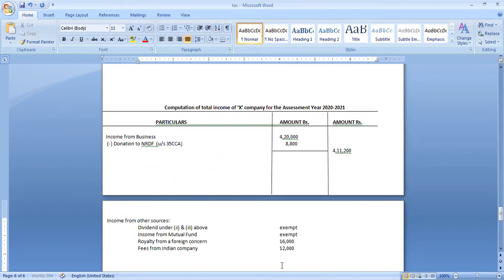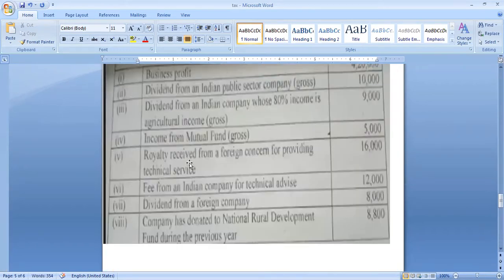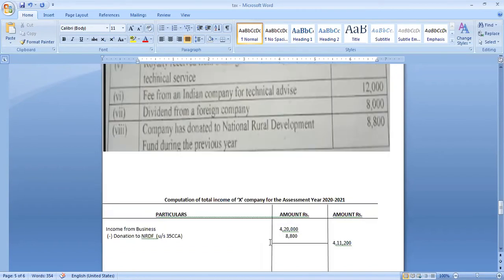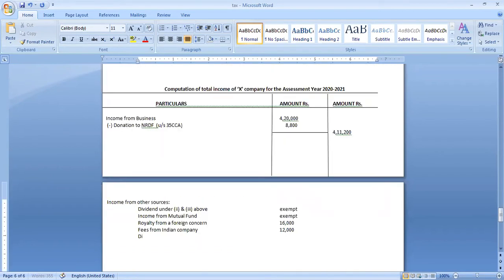Next item I mentioned, dividend from a foreign company, 8,000 is there, that you have to show.